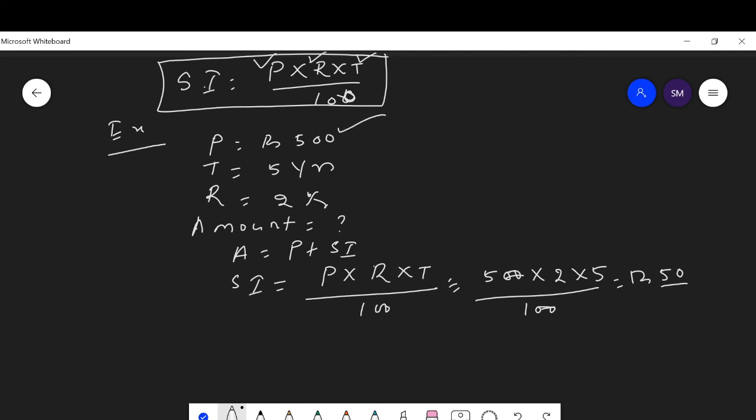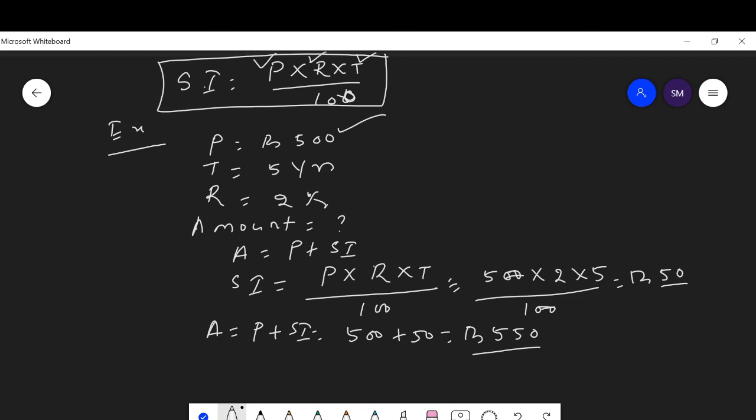The principal is 500. Then amount is equal to P plus SI, which is equal to 500 plus 50, is equal to rupees 550. This is the amount. In these worksheets there are a variety of questions. Please do your whole worksheets and ask me your doubt.